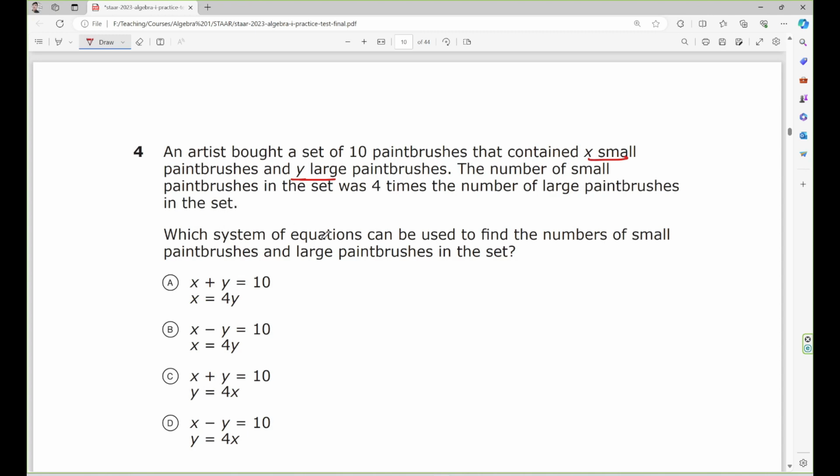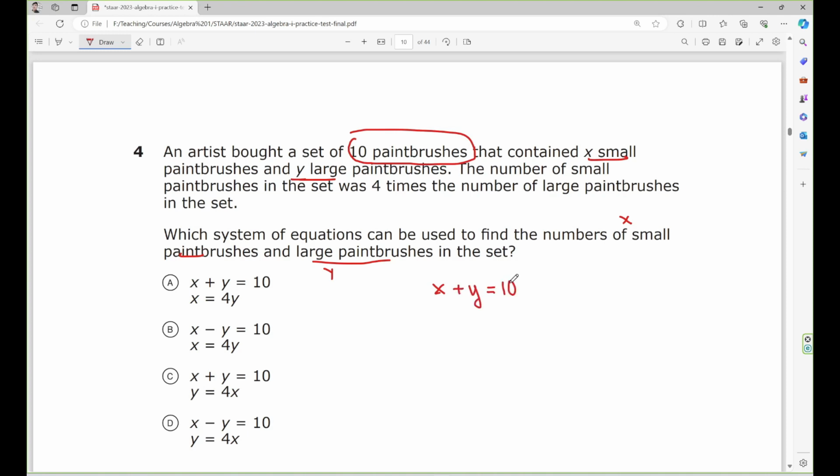Which system of equations can be used to find the numbers of small pen brushes and large pen brushes in the set? They already give you the variables: x small, y large, and the total is 10 pen brushes. So that means we have the first equation, x plus y equal 10.